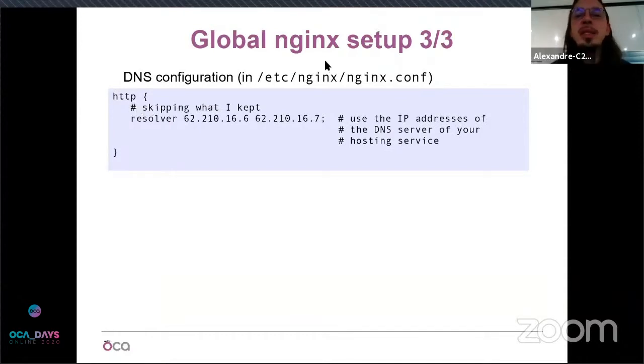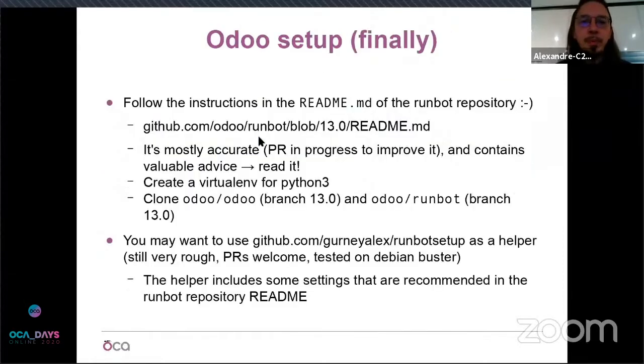That's in the global nginx.conf on a Debian distribution, and I added that line in my setup to give Nginx the information about DNS servers, so that Nginx is able to find the servers by making a DNS query. And when we've done all this, we reach the Odoo setup.